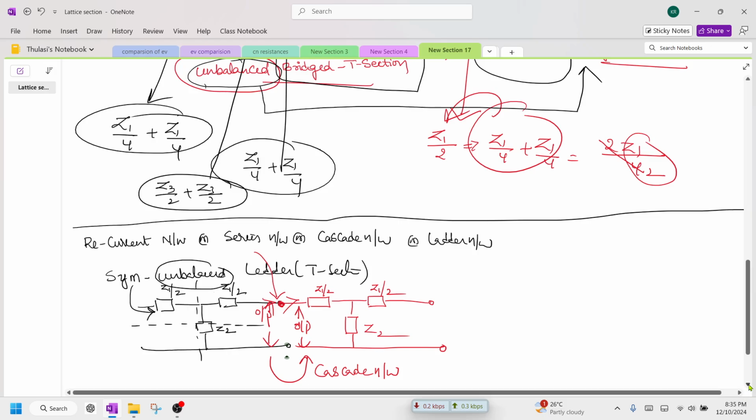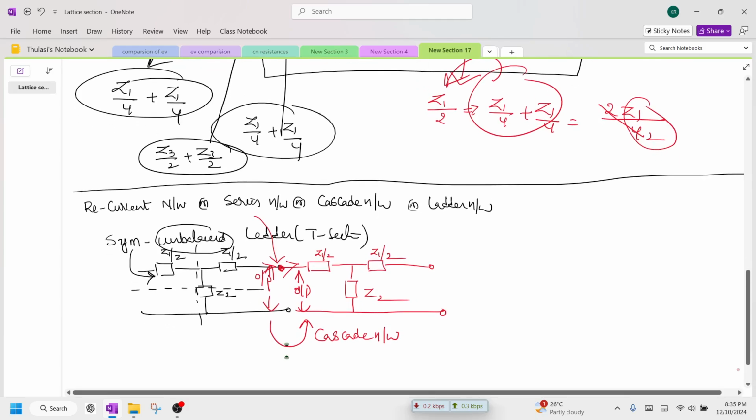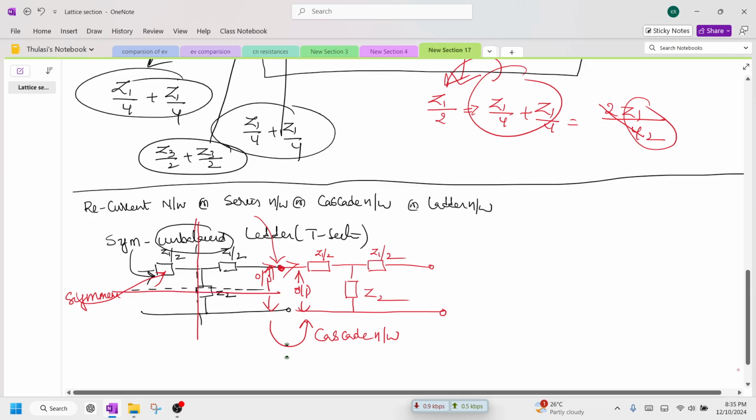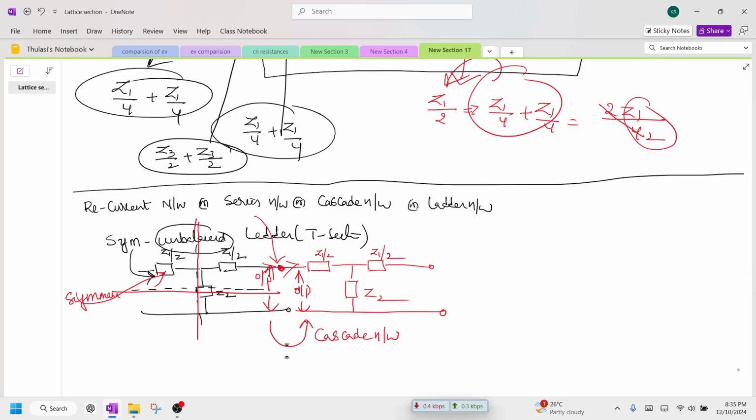So hope you understand why this network is here. When you draw a line in half, this is Z1 by 2 and Z1 by 2, both are the same, therefore I am calling this a symmetrical network. And when you fold horizontally, the upper part is not equal to the bottom part, because Z1 by 2 is not available in the bottom part.